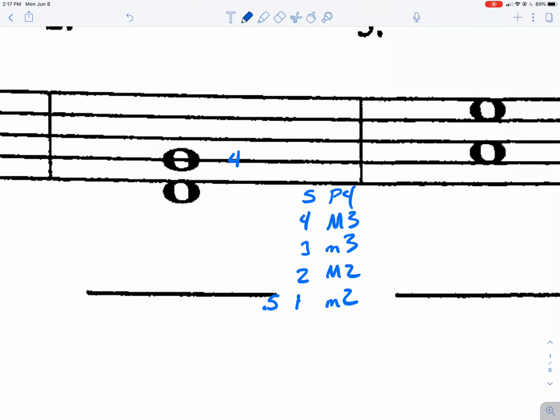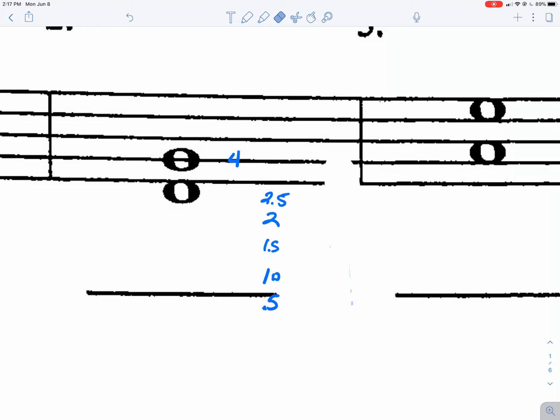Another way to write that: a half of a whole step would be a minor second, 1 whole step would be a major second, 1 1/2 would be a minor third, 2 would be a major third, and 2 1/2 whole steps would be a perfect fourth. Whichever way works for you is how you should do it.